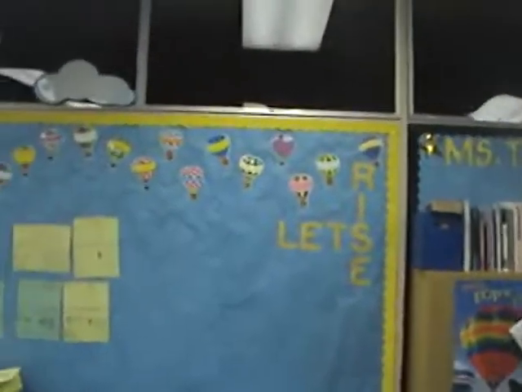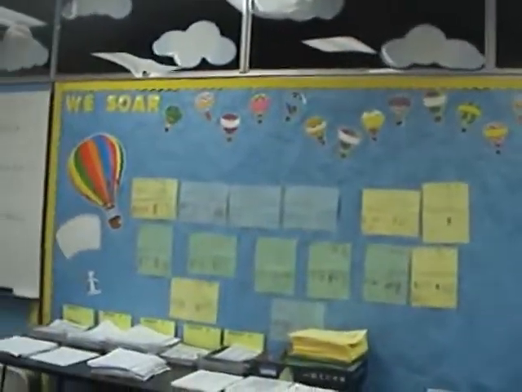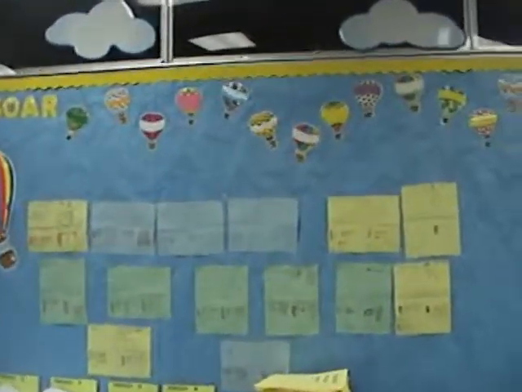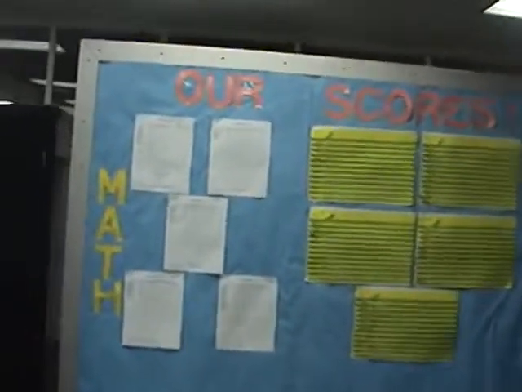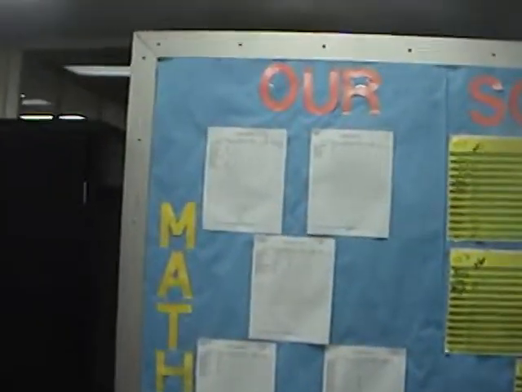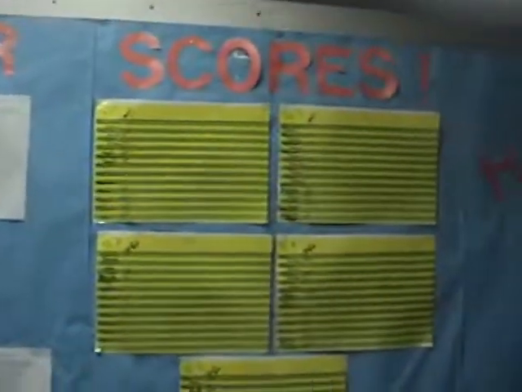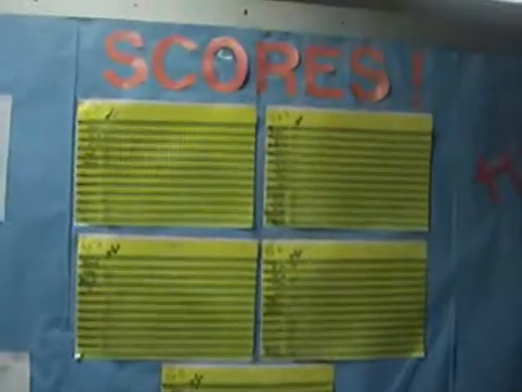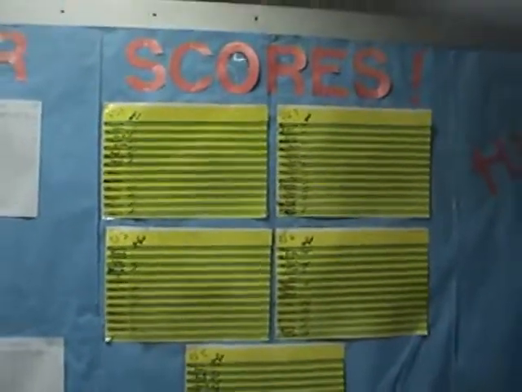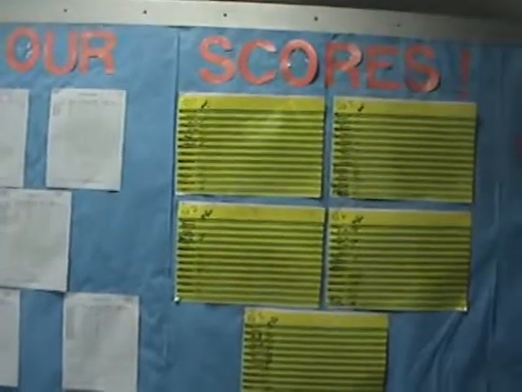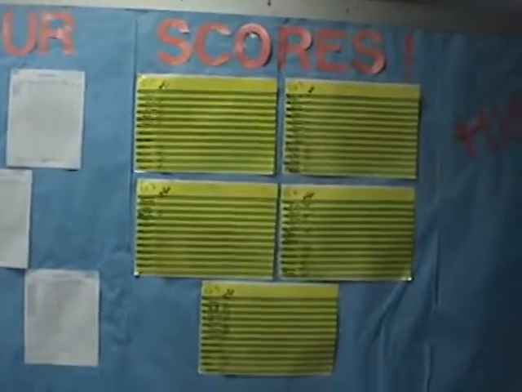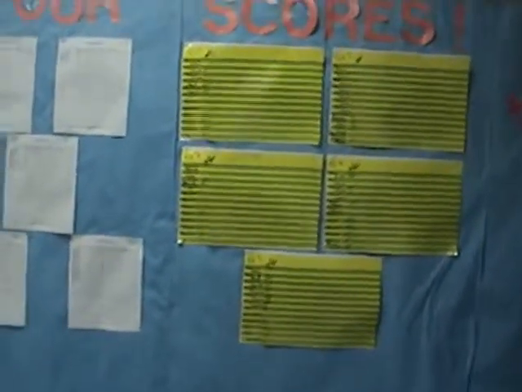And then on this wall I have their achievements and papers that they have completed. And on this wall I have their scores on the tests. And then I also have charts where I keep track of whether or not they've brought a pencil or papers that I've asked them to hold on to, and they are rewarded for bringing those things.